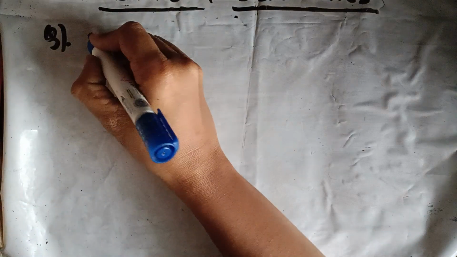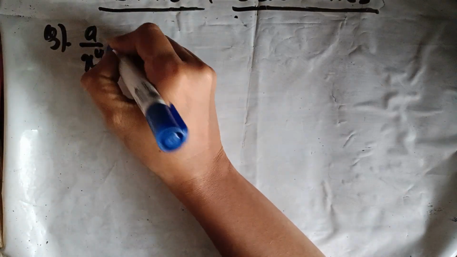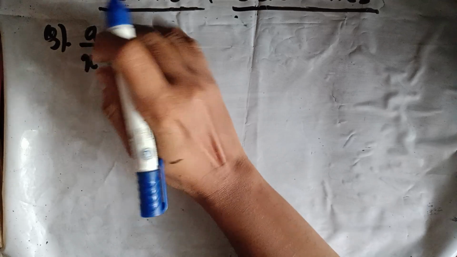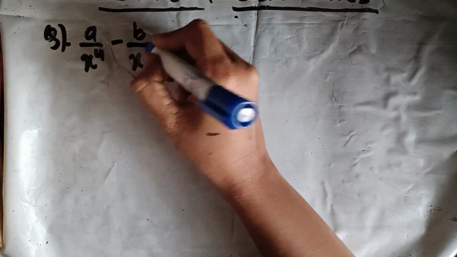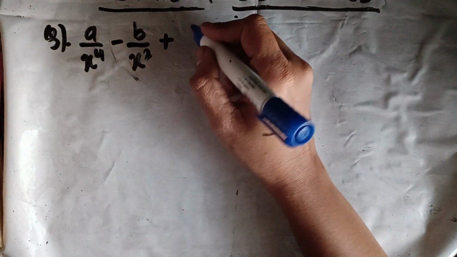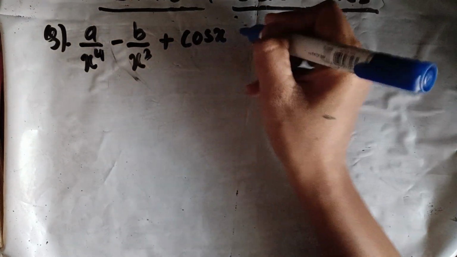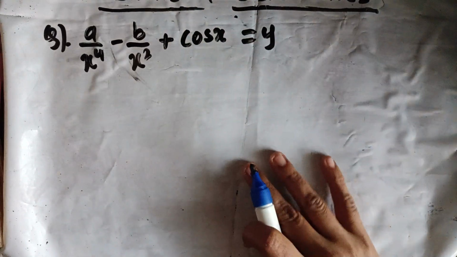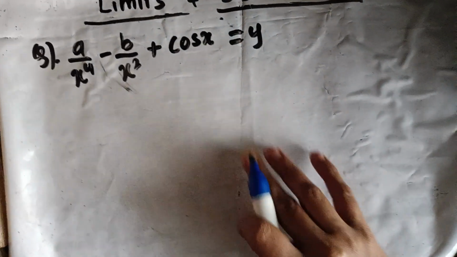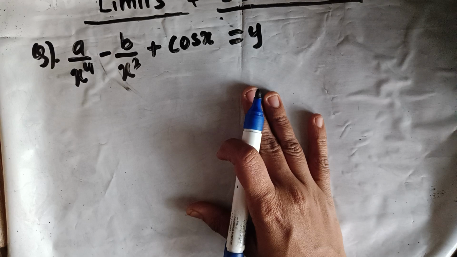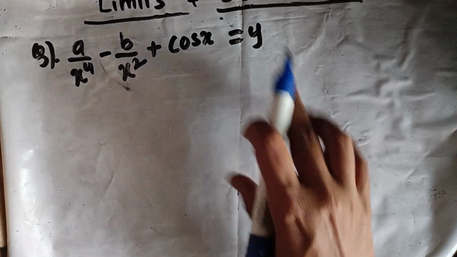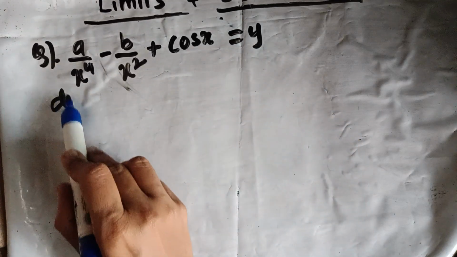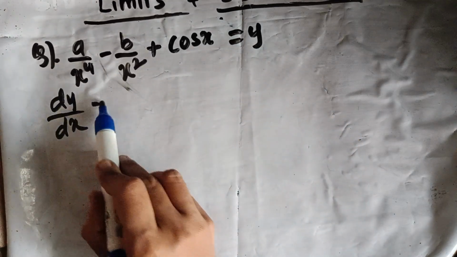Let's solve some problems. So we have to find the derivative of this. Okay. A upon x to the 4 minus b upon x square plus cos x equal to y. So the derivative of this is dy by dx. Okay.